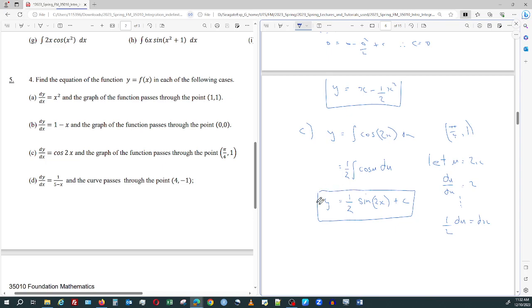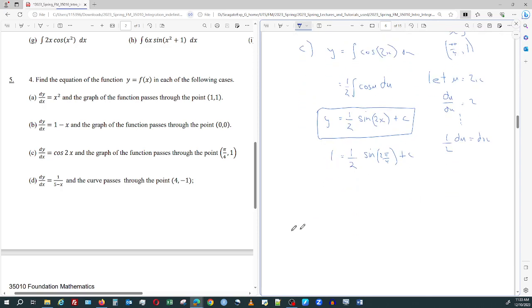Now our particular solution will have put into it x and y. So we need to solve for c. We're getting 1/2. So this is where your exact values trig will need to kick in. And x was pi on 4 plus c. So it's taken us a while to revisit exact values trig, but they're going to come up in spades.